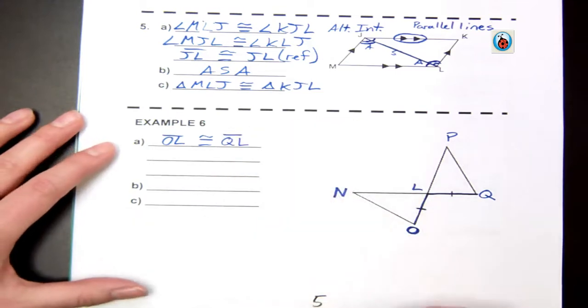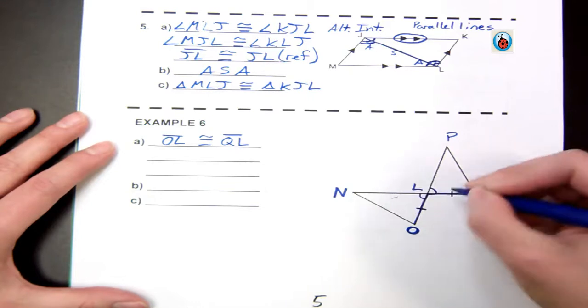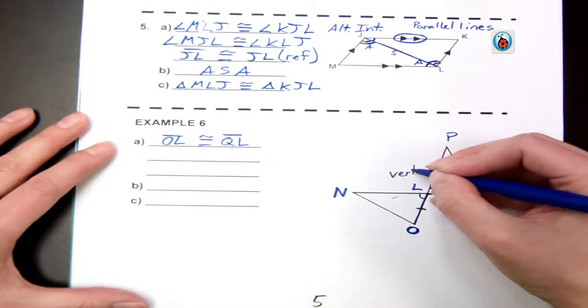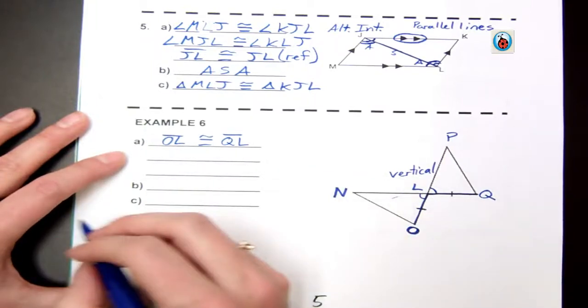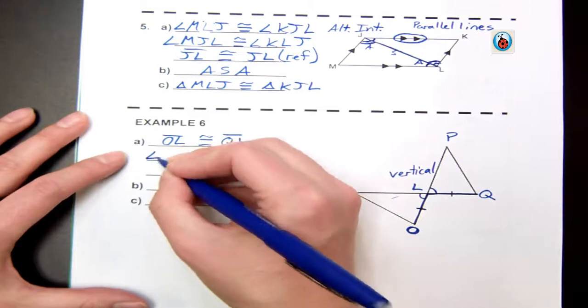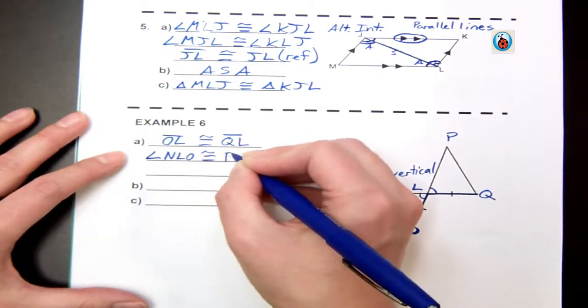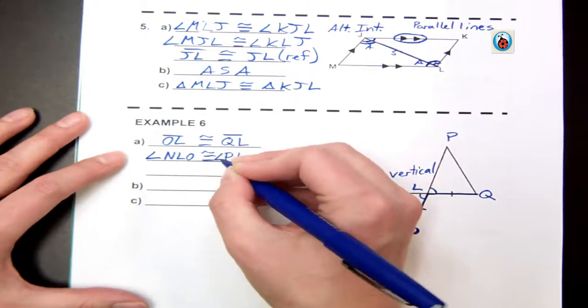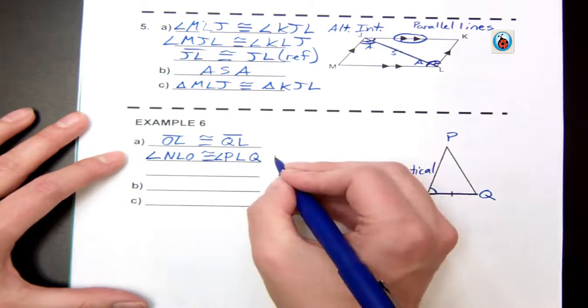That was marked for me. Then I have vertical angles. So anytime we have the crisscross lines here, I look for my vertical angles. And so again, I need the 3 letters so that I can see which part of L I'm talking about. So angle NLO is congruent to PLQ by vertical angles.